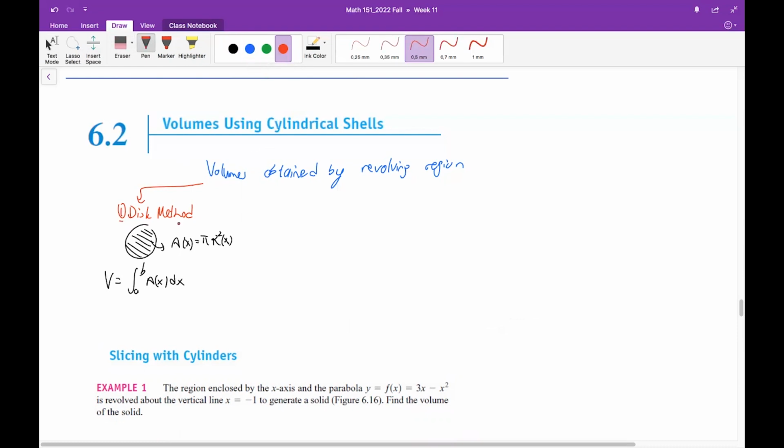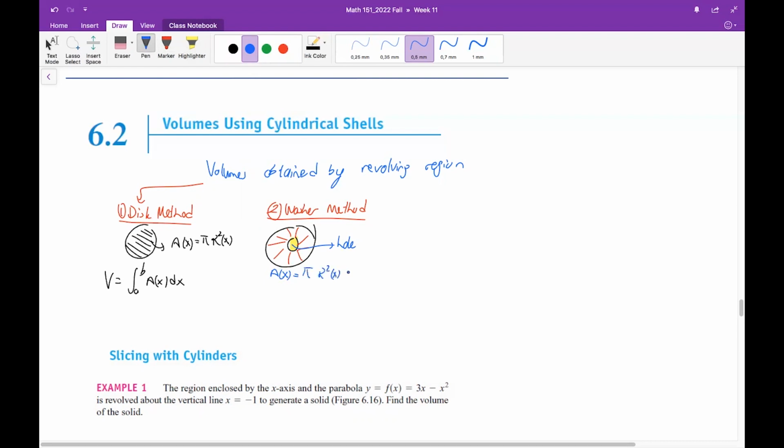The second technique was the washer method, where we use not the full disks, but rings with an empty hole inside to slice our three-dimensional objects, right? This time, yes, there is this hole in the middle, and the cross-sectional areas are the areas of the rings.